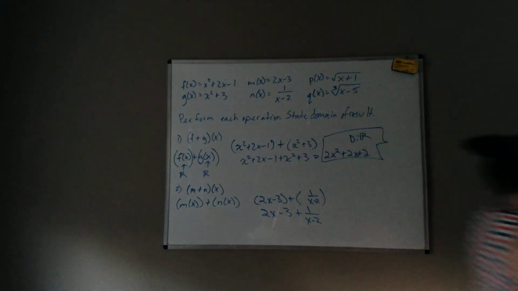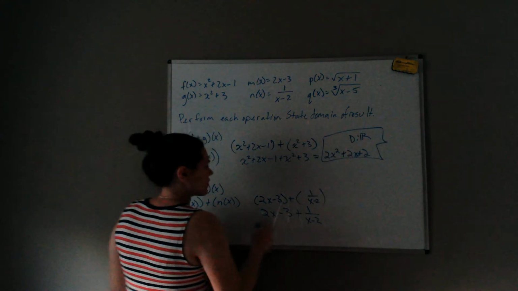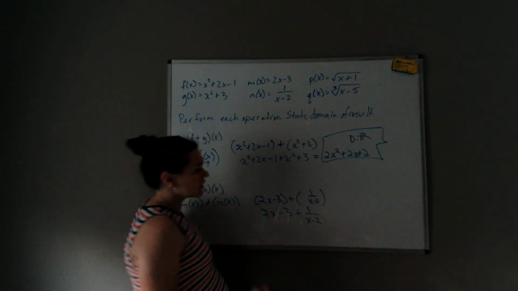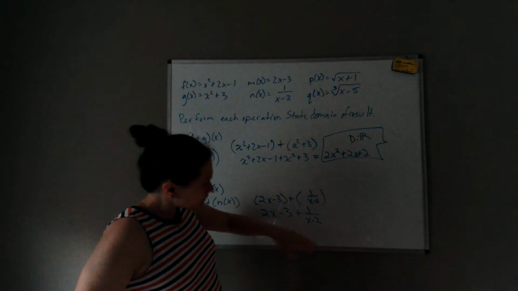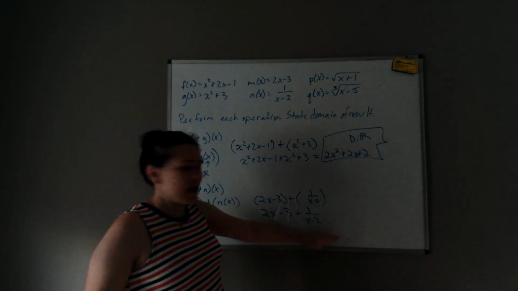Okay? None of these terms are like, okay? You have 2x, you have negative 3, and then you have the term 1 over x minus 2. You can think of it as a term here. So you can't combine this with either of these, so you just leave it as is.